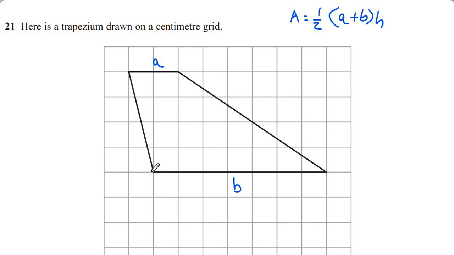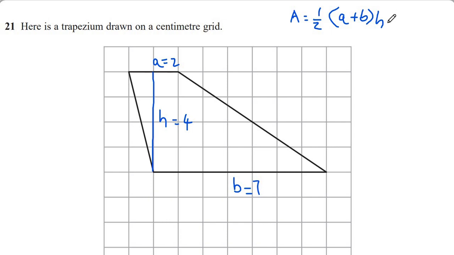And the height has to be perpendicular height. So this has to be the height. So the height is 4 centimeters. A, this side, is 2 centimeters, and B, this side, is 1, 2, 3, 4, 5, 6, 7 centimeters.